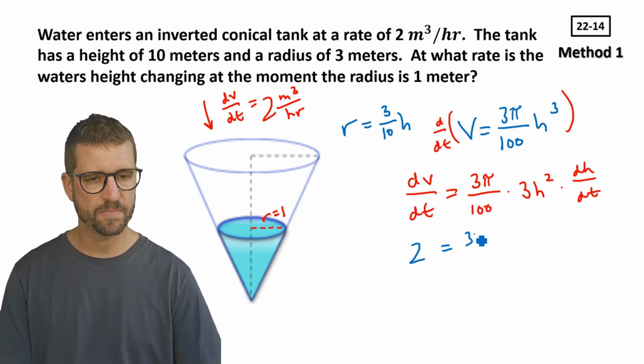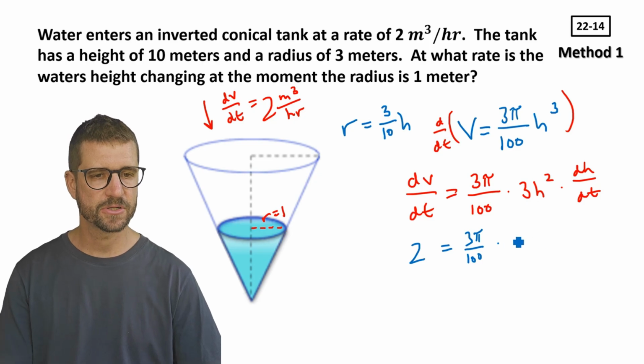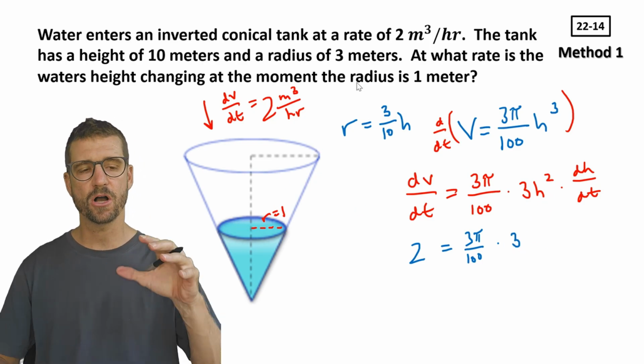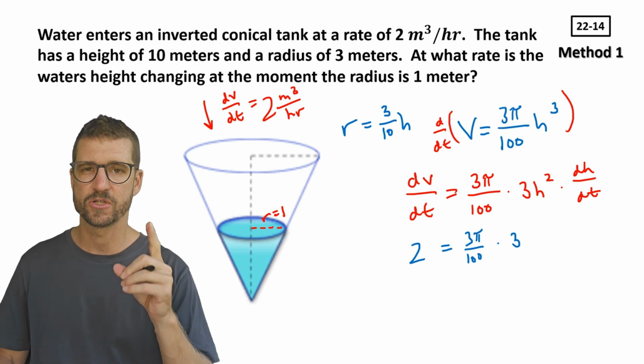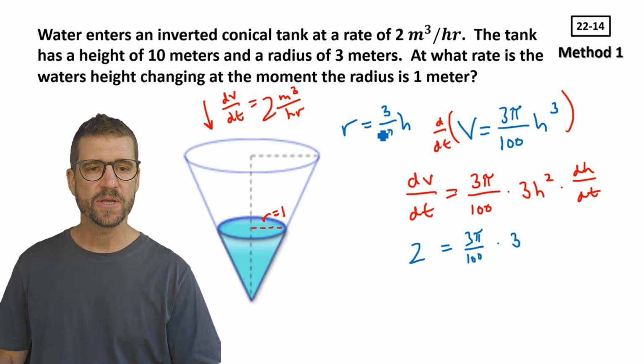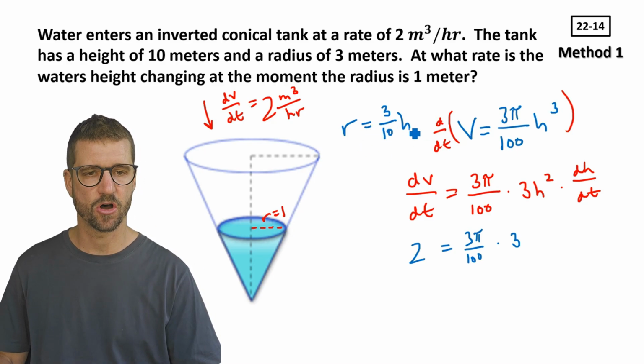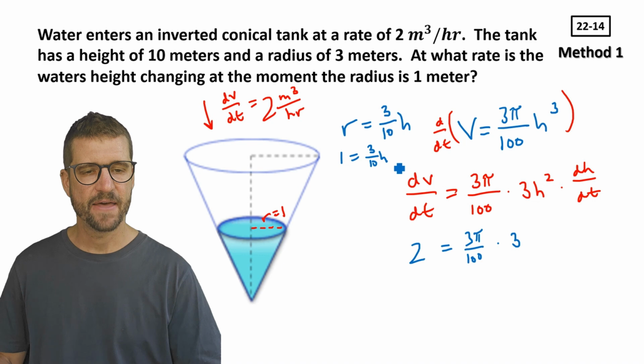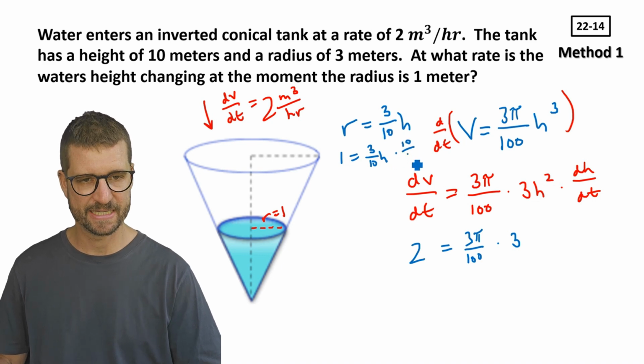equals 3 pi over 100 times 3h. So what is the h? Well, we're talking about the instant when r is 1, okay? So we can plug in here to solve for our h. So if r is 1, so 1 equals 3/10 h, and then of course we can multiply both sides by 10/3 to get that h alone.